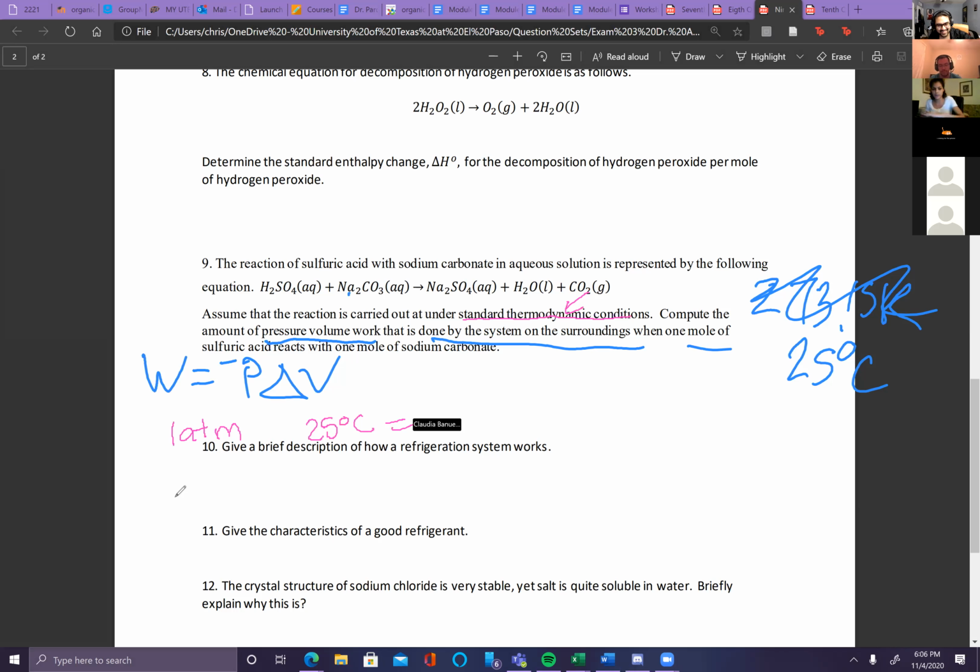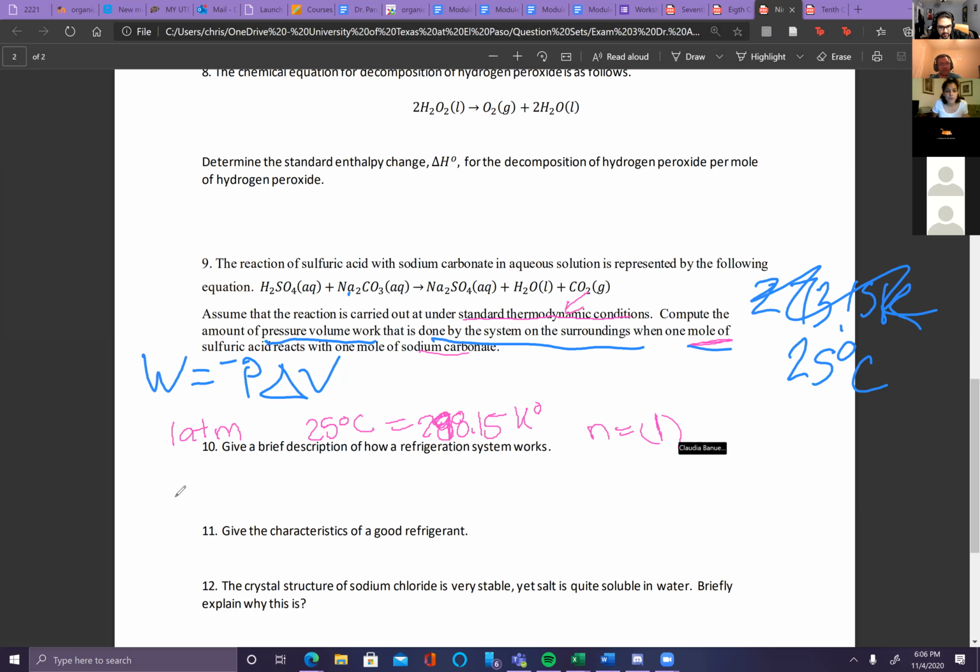I think 290 something. 298. Awesome, yes, 298.15 Kelvin. And we're using only 1 mole of each one, so I'm just gonna put n equals 1.